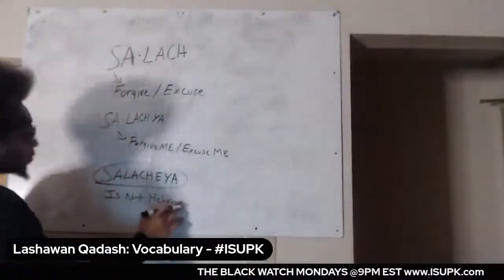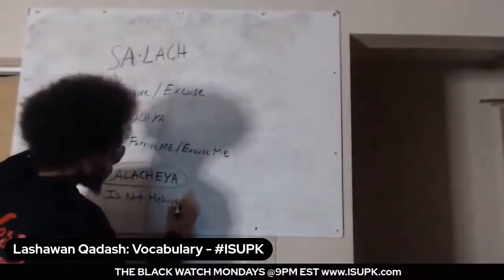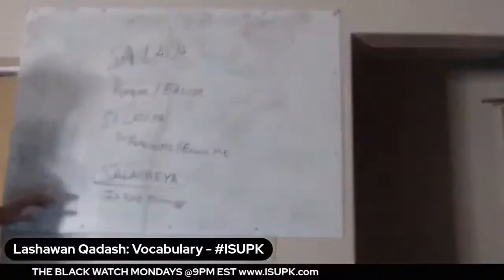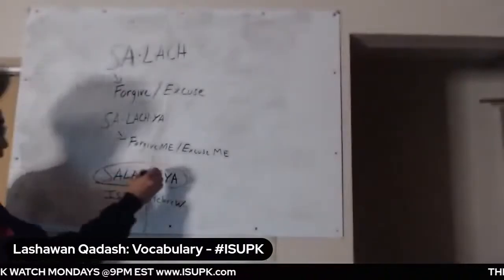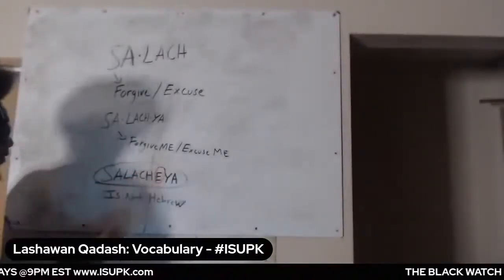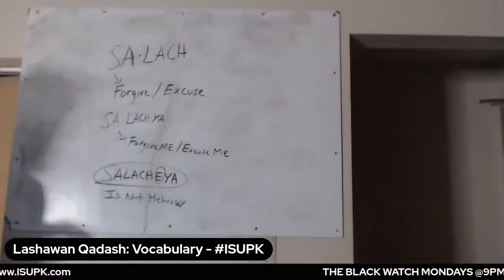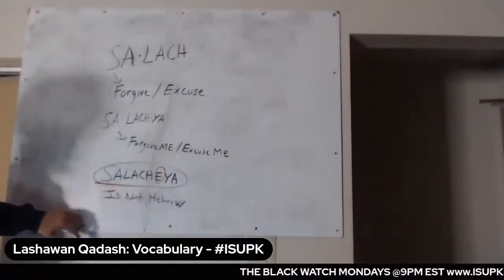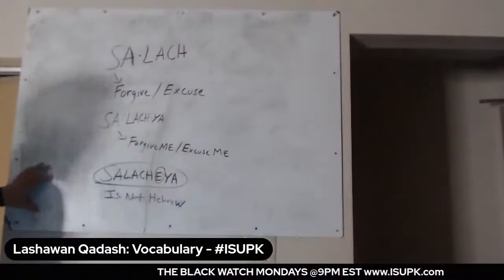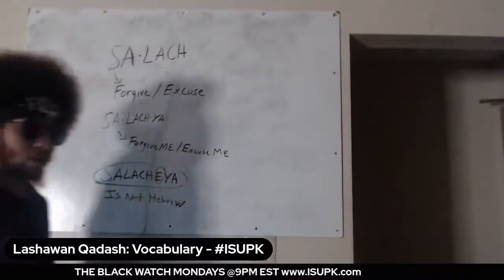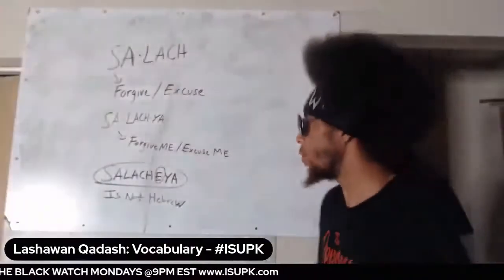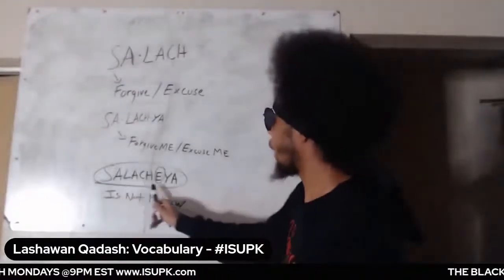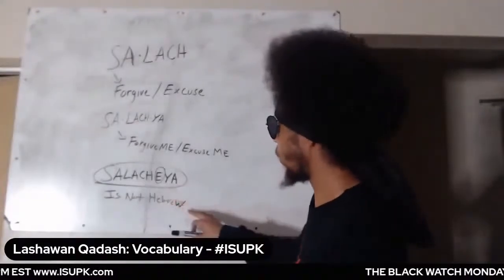Okay? So you see the problem, right? The problem is this right here. It's that E sound. Salakia. There's no E. There's no vowels in ancient Hebrew. Salakia is not a word at all.